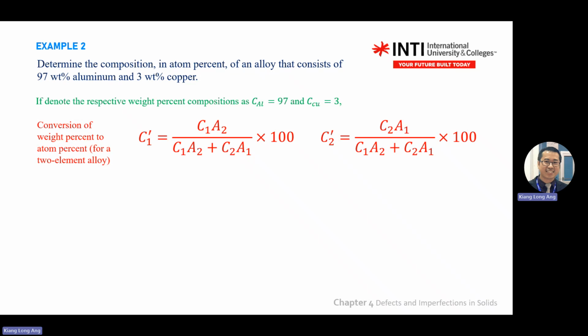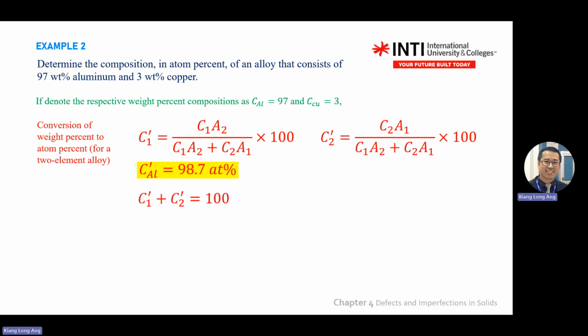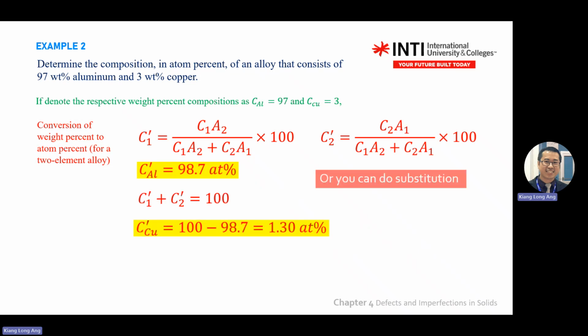This slow way, or you can memorize this one. But I would highly recommend you go traditional way. Okay, so this one you plug in, you'll find 98.7% aluminium. For copper, straight away, take 100% minus this number, you get for copper. Or you can calculate also, if you want.